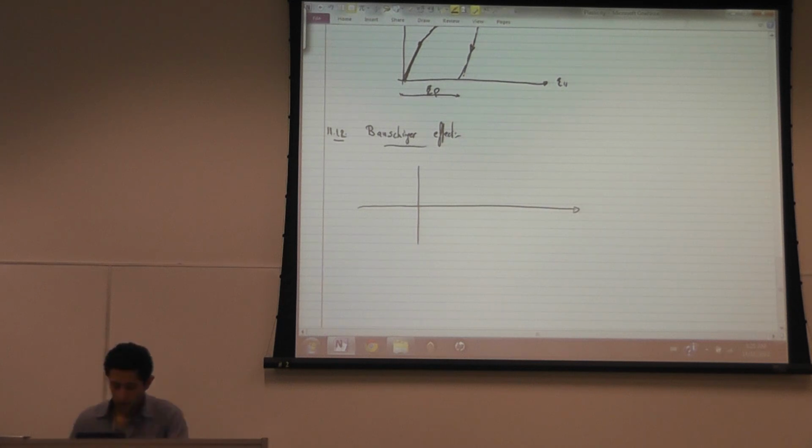Traditionally, for mild steel, you get the following. If I plot sigma 1 versus epsilon 1, and if I start to unload at this particular point, then this becomes my new yield stress.